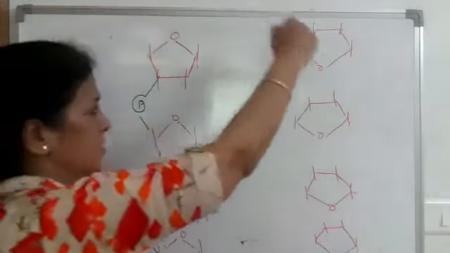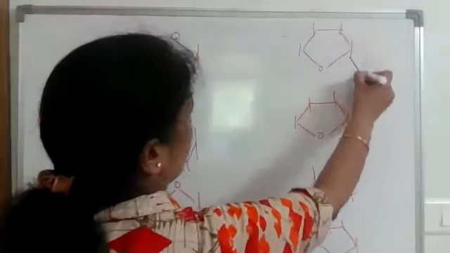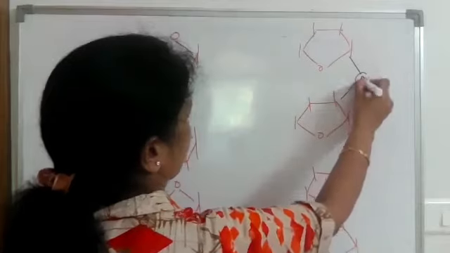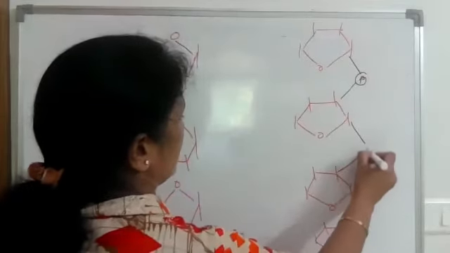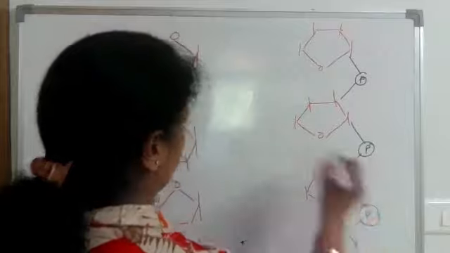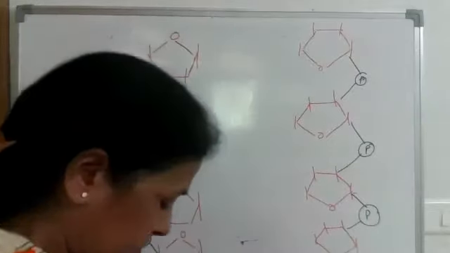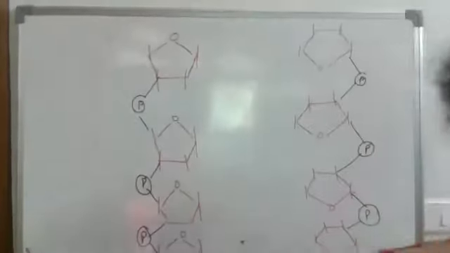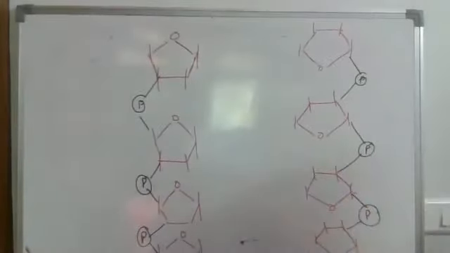Similarly, draw these here also. 5, 3. 5, 3. 5 and 3. So, we have shown here the phosphodiester linkage. Right? Now we have to attach the nucleotide base to this backbone.